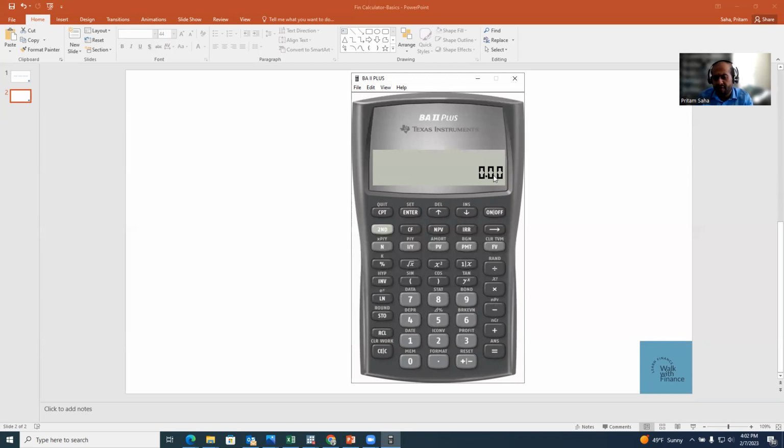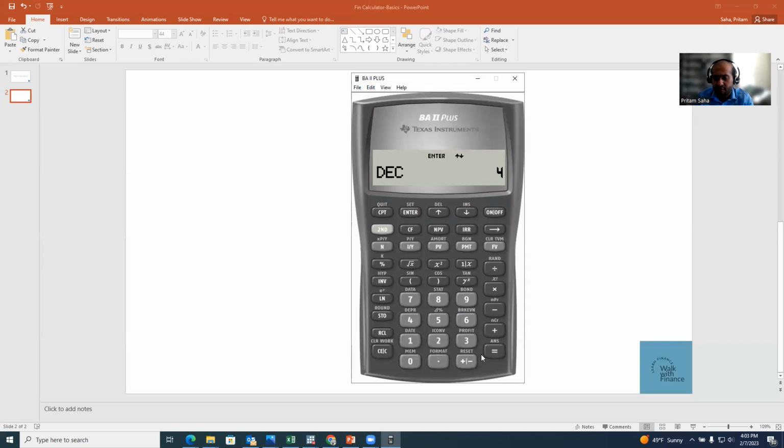If you look carefully right now, all of the calculations we are doing are presented to 2 decimal points, right? In finance, we prefer 4 decimals, at least 4 decimals for sure. So if you want to increase 2 decimals to 4 decimals, how can you do that? Hit second, then formatting.